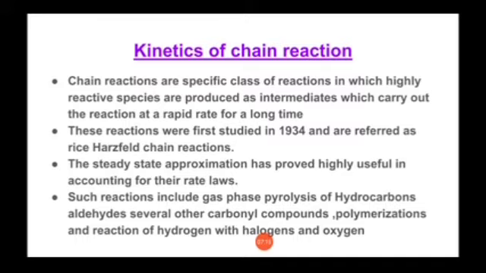That's why we are using initiation step and termination step to explain the chain reaction. Such reactions include gas phase pyrolysis of hydrocarbons, aldehydes, several other carbonyl compounds, polymerizations, and reaction of hydrogen with halogen and oxygen. So these are the chain reactions.